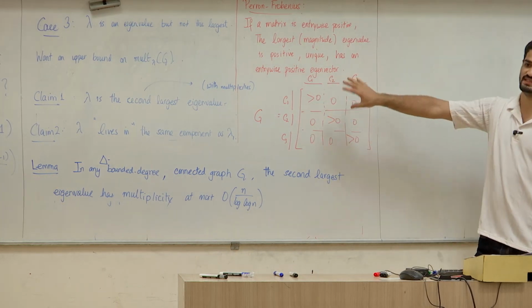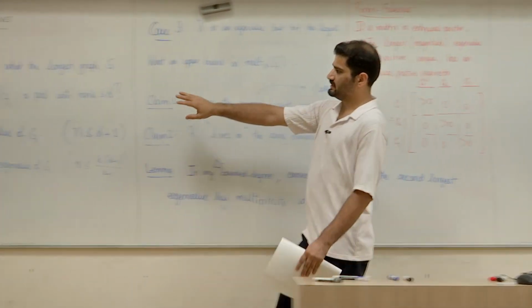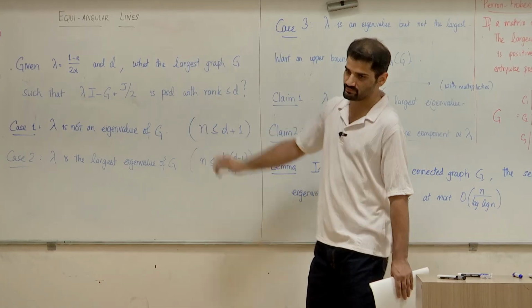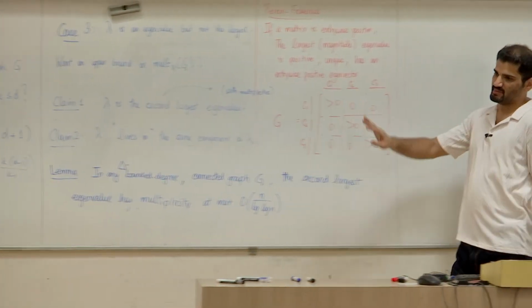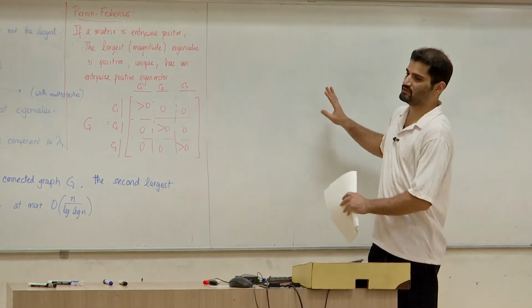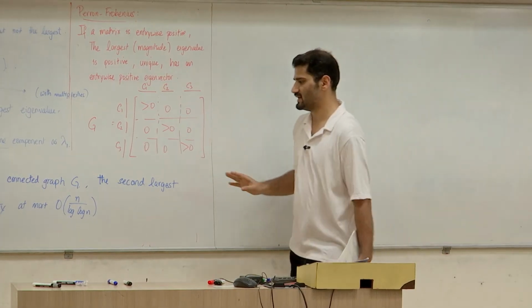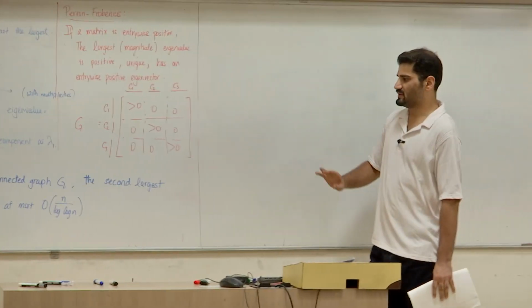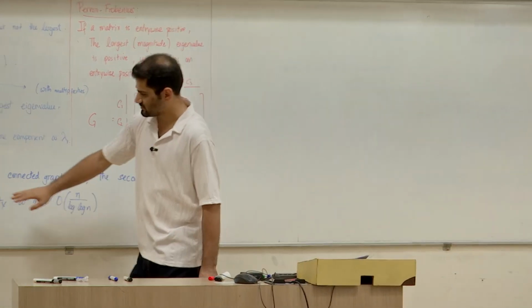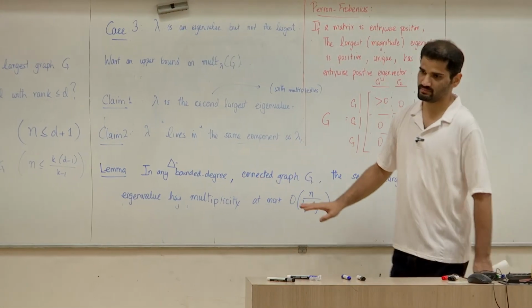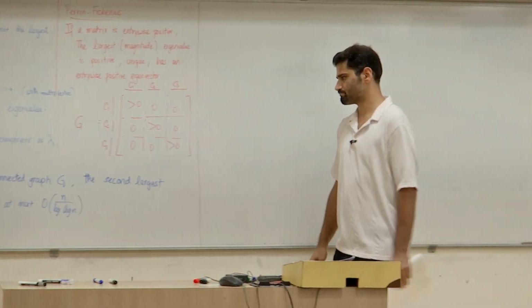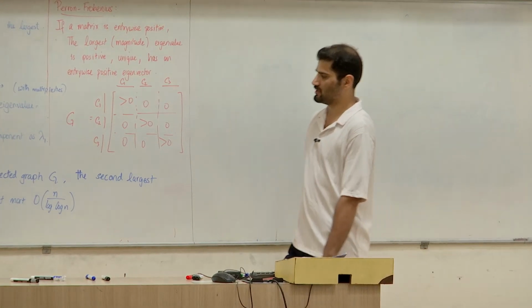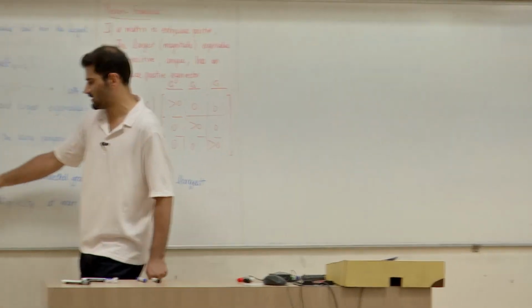So what I have shown so far is that because of these two claims, I can focus my attention on C1, which allows me to conclude that G is connected. There is a different argument entirely, which I will not do. It is sort of a Ramsey theory type argument, where constants are used. But using that, you can also assume that the graph is bounded degree. This is not the main part of the proof.